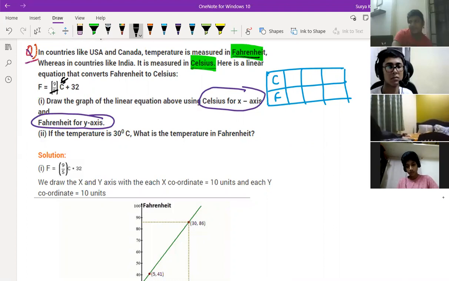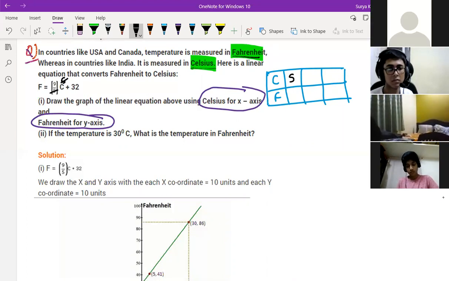So 9 plus 32, that is what? 41 you'll get. But we can take C as 0 also. Yes, sir. If you take C as 0, then what answer do you get? 32. Yeah. So for 0 you'll get 32, and if Fahrenheit is 0, then what will you get?